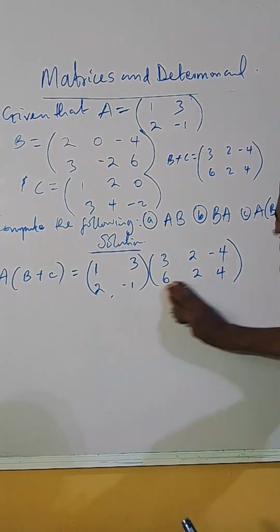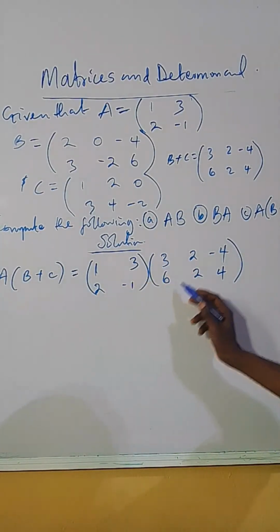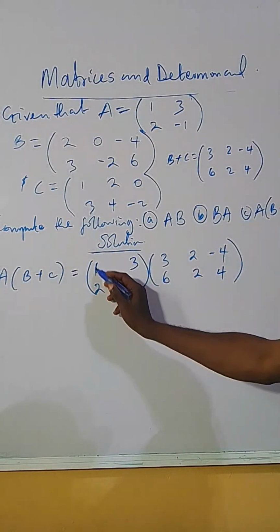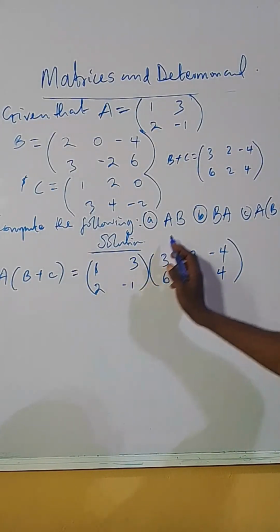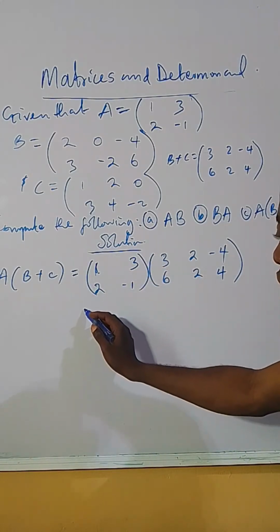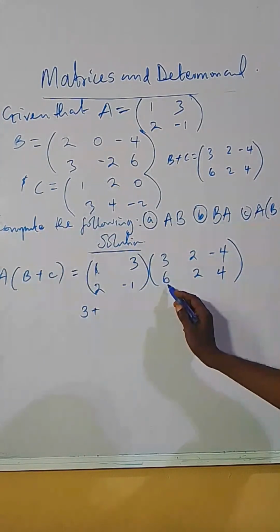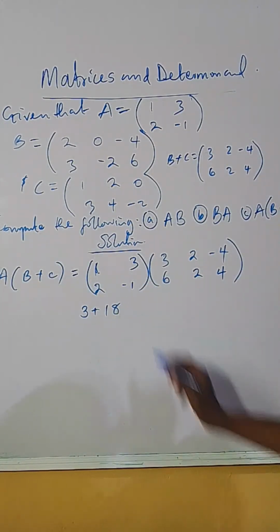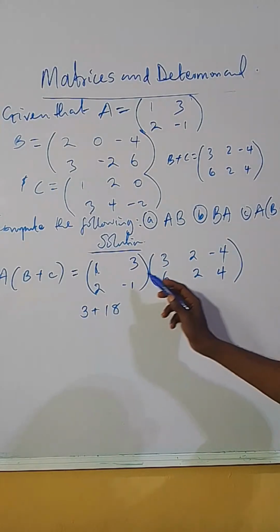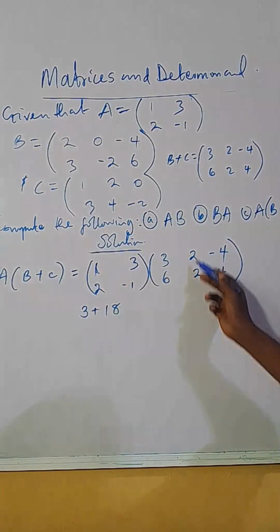So now let's multiply here. We use the first matrix, the first row will multiply these 3 columns. So the first row, 1, 3 here. Multiplying this first column, 1 times 3, that will give us 3, then plus 3 times 6, that's 18. So the first number multiplies the first, the second multiplies the second. Now leave a space and use the same rule for this column as well.